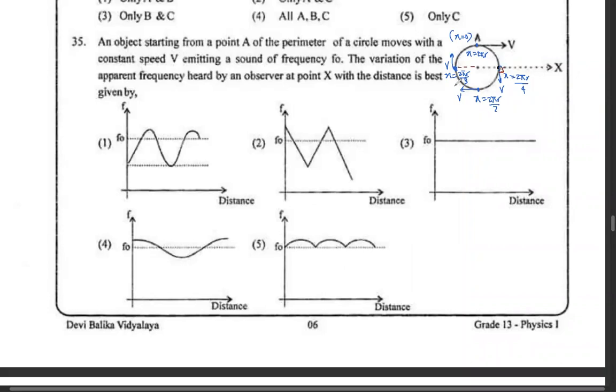And where will it be maximum? It will be maximum somewhere here.